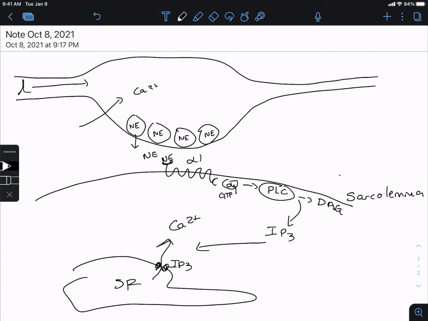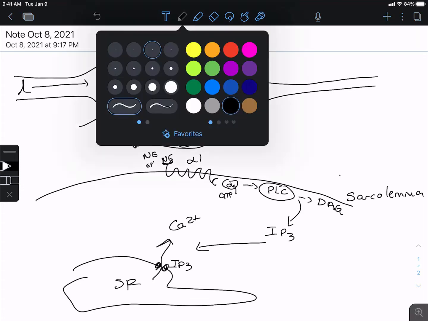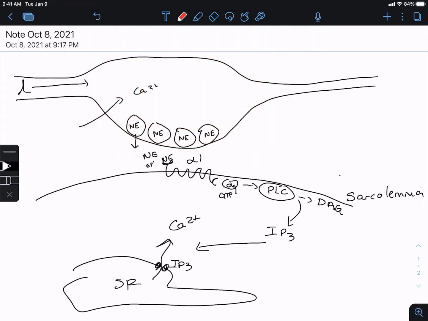A little tiny bit of norepinephrine might be released too, and it's also going to bind that alpha receptor, and it has exactly the same effect. And if by some chance we have epinephrine floating through the bloodstream because it's been released by my adrenal gland, and it just so happens to diffuse into the synaptic cleft, not likely, but let's just pretend a renegade epinephrine molecule was released as a hormone and diffuses into the cleft, it's still going to cause smooth muscle contraction.